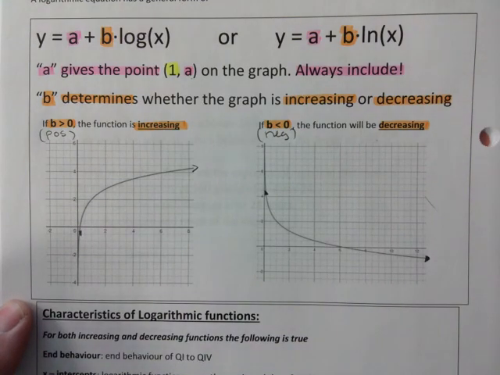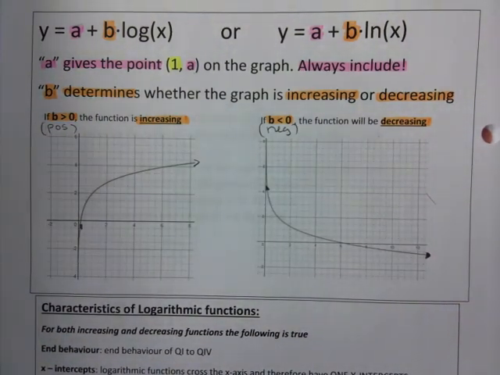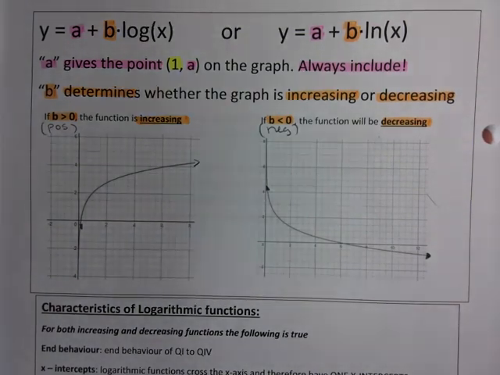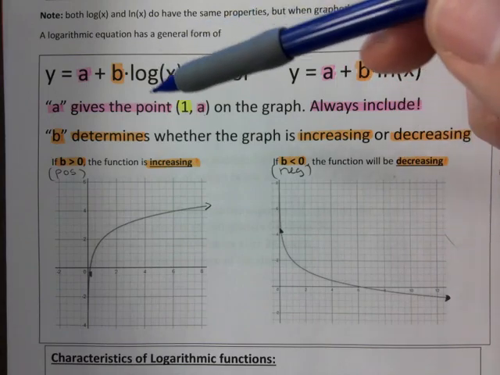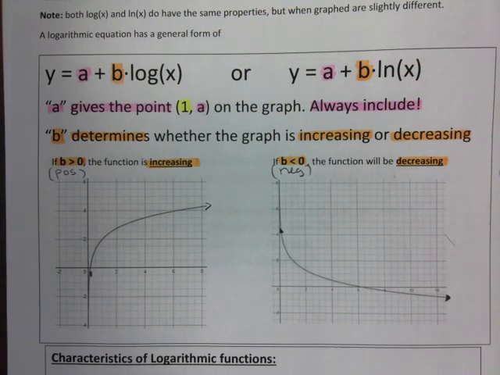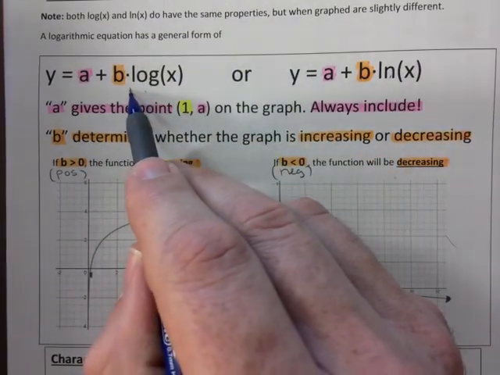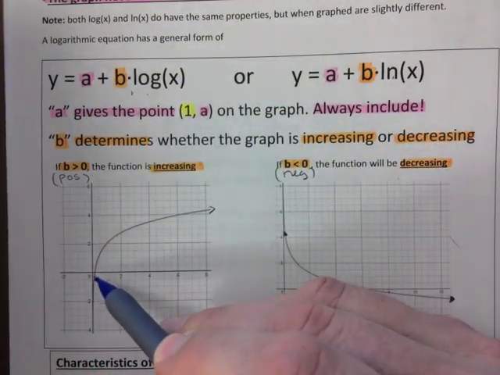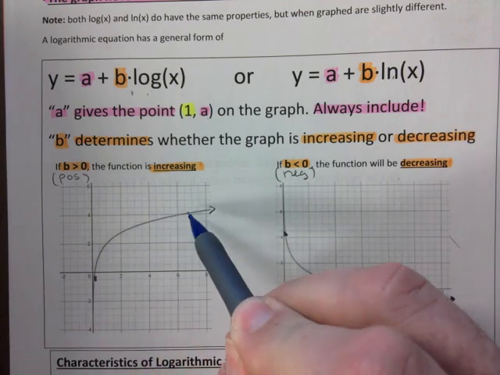So let's keep going. In terms of the shape, as I was showing you, if you were to do them side by side, everything else the same, one will be flatter than the other one.